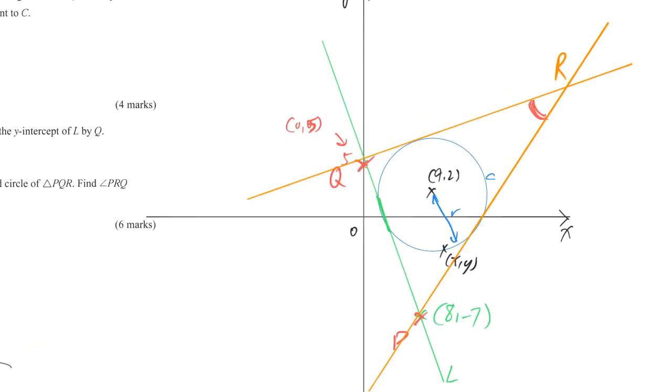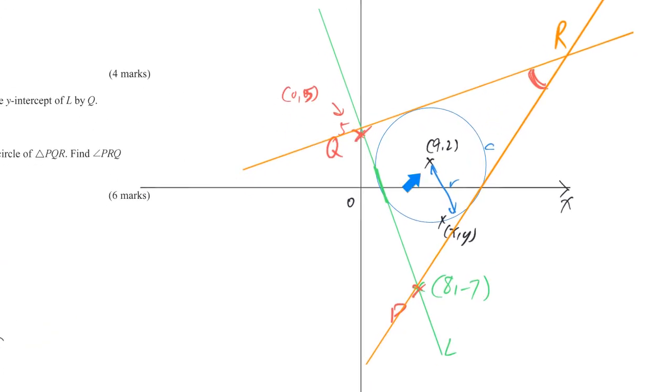In this graph, it's talking about the property of the in-center. For the in-center, the line from the center to the vertex of the triangle will bisect the angle here. Basically, this property comes from tangents from an exterior point. If we connect like this, we will find that this triangle and this triangle are congruent.